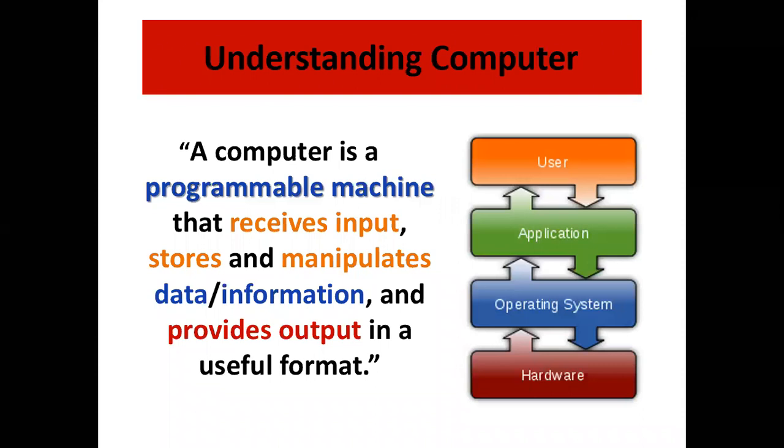A computer is a programmable machine that receives inputs, stores and manipulates data and information, and provides output in a useful format. So these are the basic components: user, then operating system and application software, which are two different kinds of software, and then hardware. So there is interaction of all these.